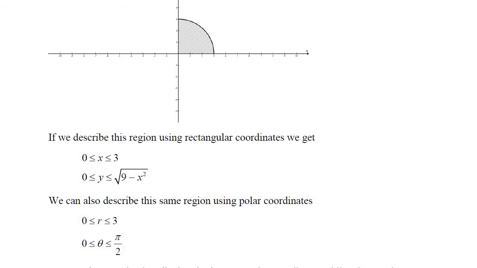But I can describe the same region using polar coordinates. In polar coordinates, my radius goes from 0 out to 3, and my angle goes from 0 up to pi over 2. So this is the description in polar coordinates, and the other is the description in rectangular coordinates. We can describe that region two different ways.